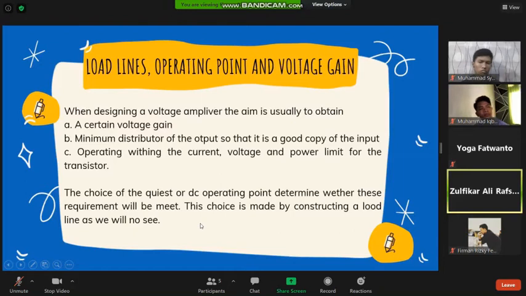The choice of the quiescent or DC operating point determines whether this requirement will be met. This choice is made by constructing a load line as we will now see.